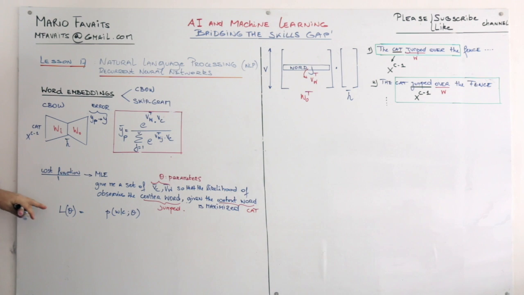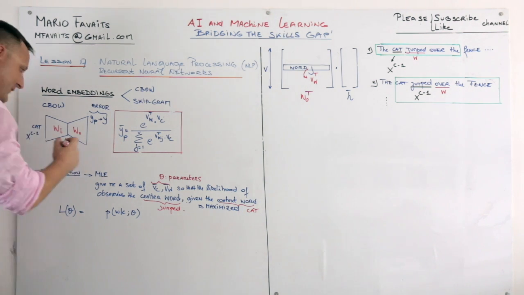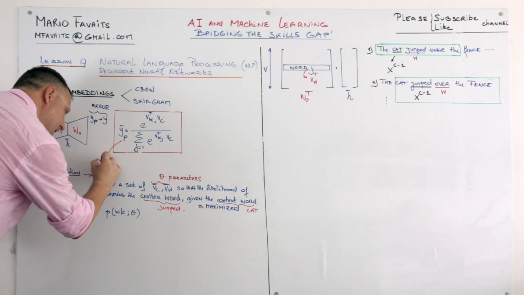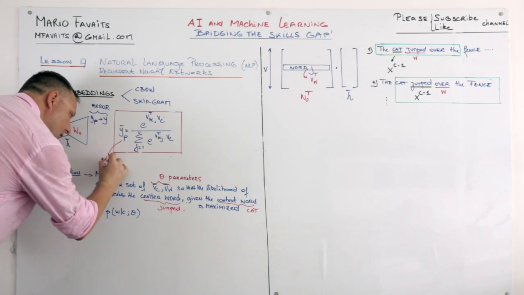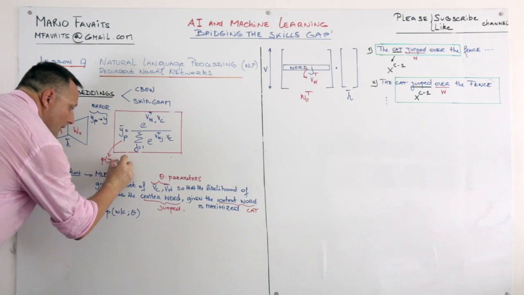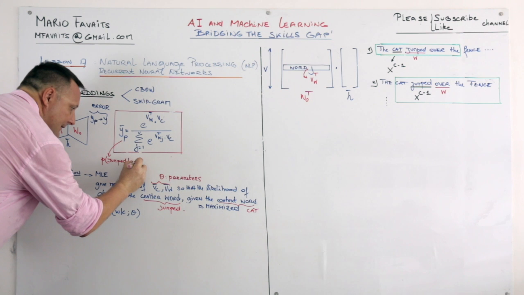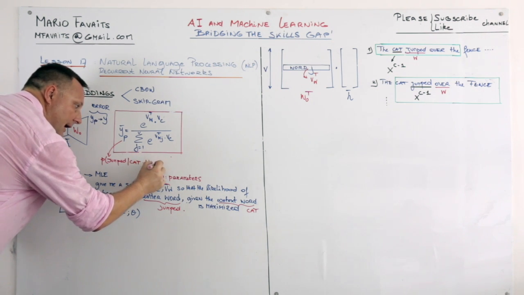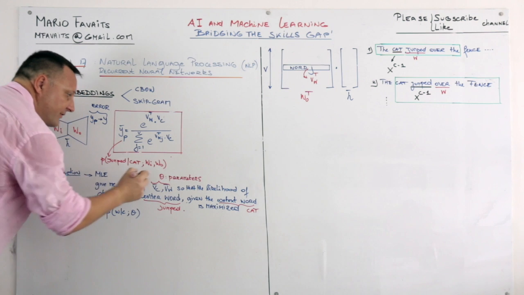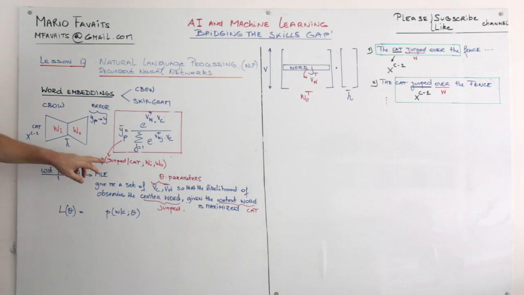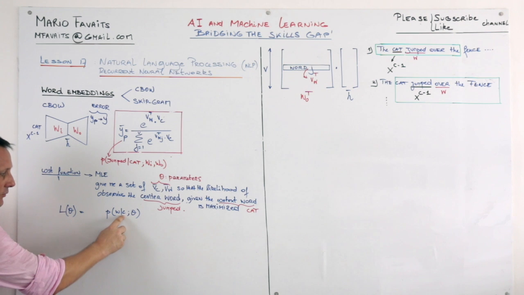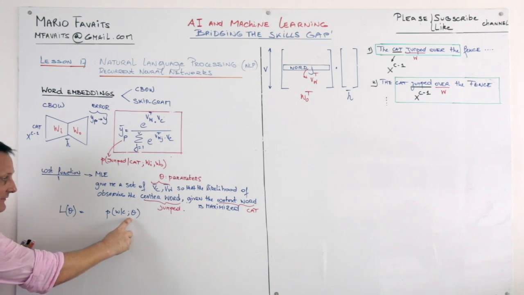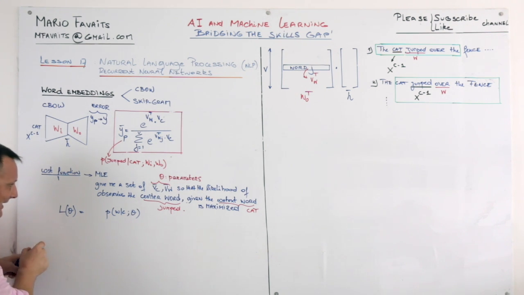That's the formula for likelihood. It is the probability of jumped given cat and given Wi and Wo. So we have the center word, the context word, and the parameters theta.